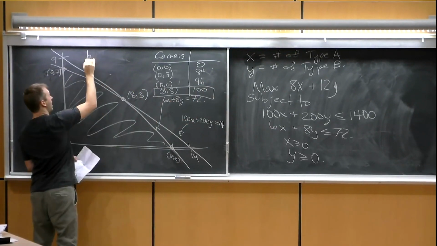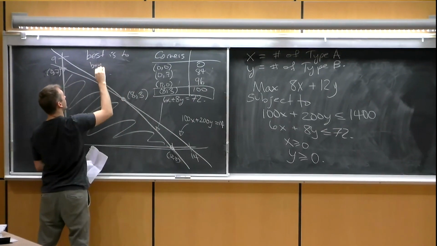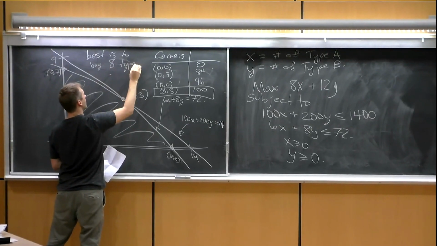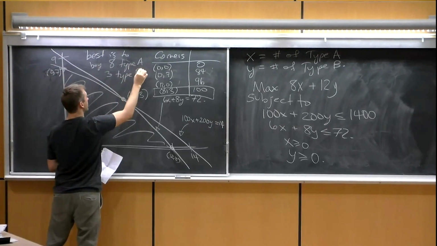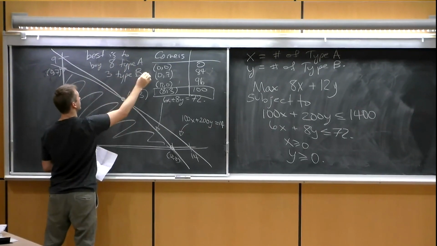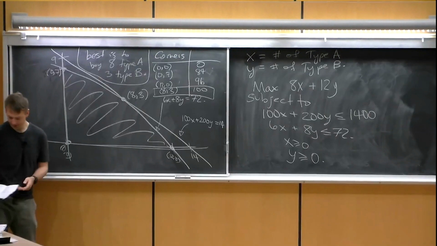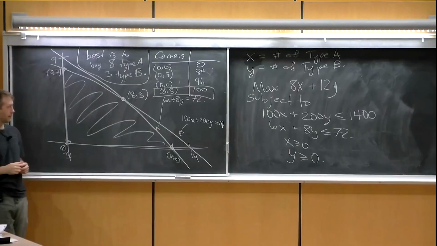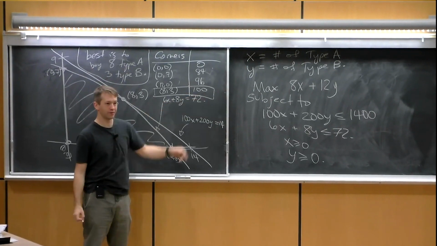So the best is to buy 8 of type A and 3 of type B. And by doing so, you're going to get 100 cubic feet, right?